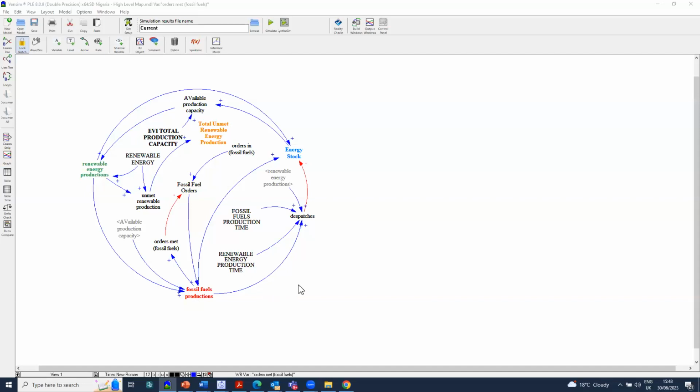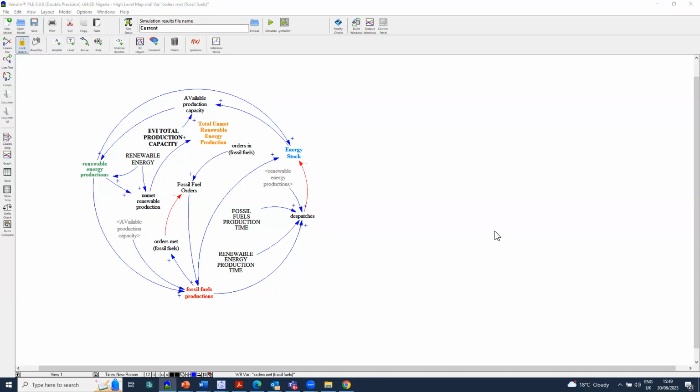Basically, if you look at it from this point of view, what you need to look for is the leverage point. Sometimes the leverage points are the constants, the exogenous variables. The ones in full capital letters are the ones to look for. How many are there? Four.